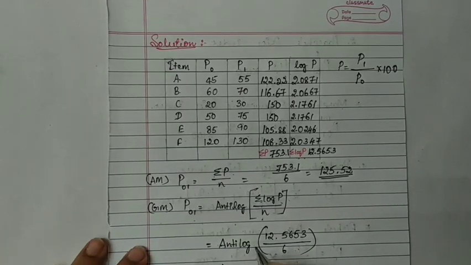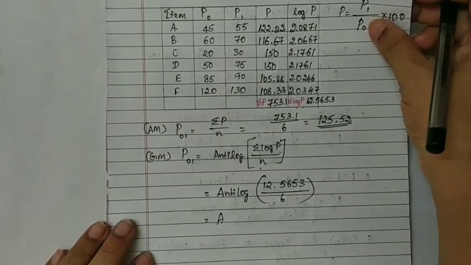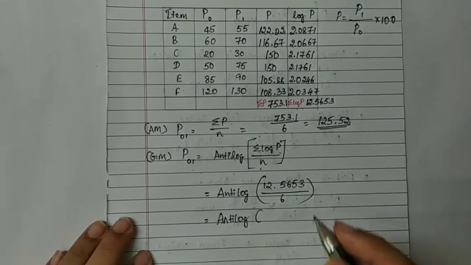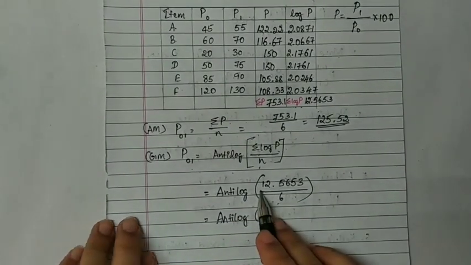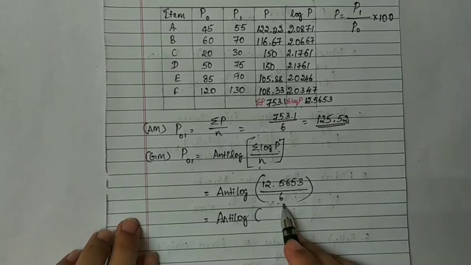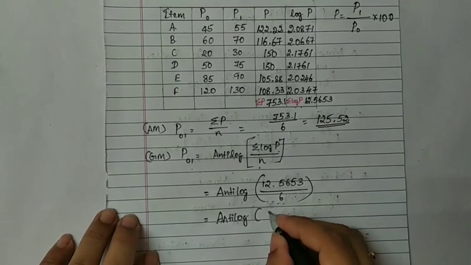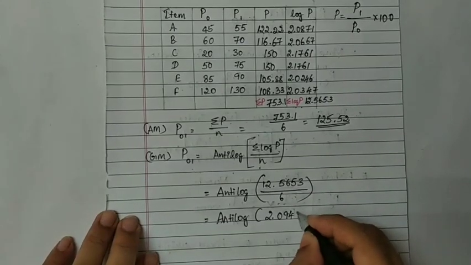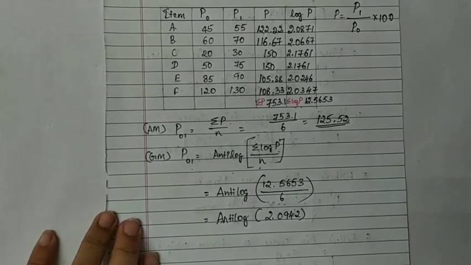So antilog of 12.5653 divided by 6, and the amount is 2.0942.